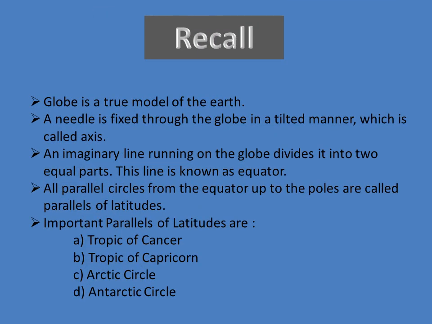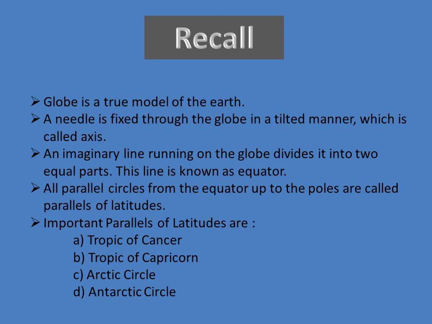Students, let us recap what we have learned in our previous class. Globe is a true model of the earth. A needle is fixed through the globe in a tilted manner, which is called axis. An imaginary line running on the globe divides it into two equal parts.